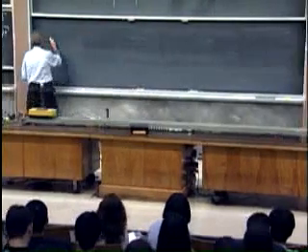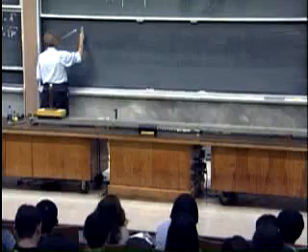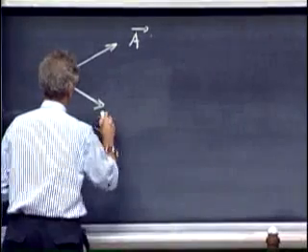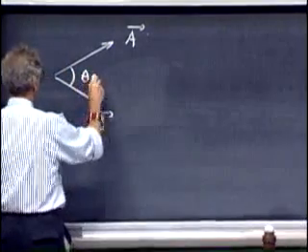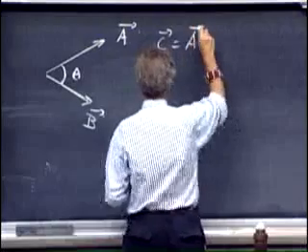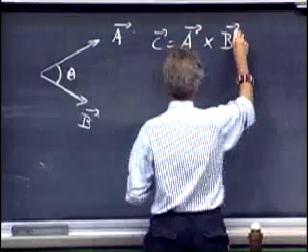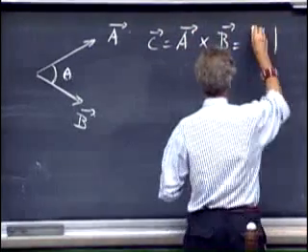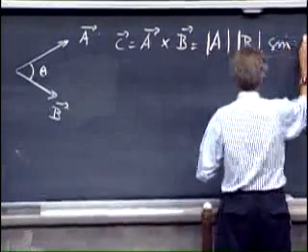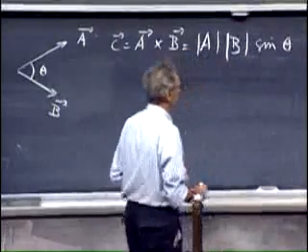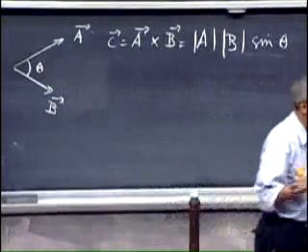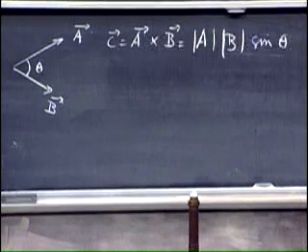If you know vector A, and you know vector B, and you know that the angle is theta, then the cross product C equals A cross B is the magnitude of A times the magnitude of B times the sine of theta, not the cosine of theta as we had before with the dot product. It is the sine of theta.